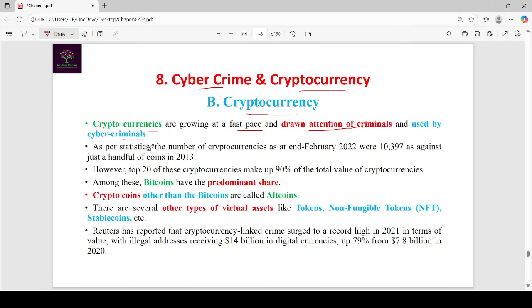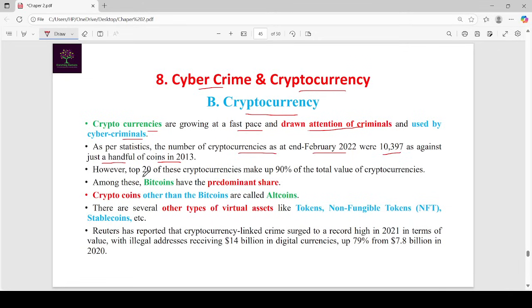As per statistics, the number of cryptocurrencies as at end February 2022 was 10,397, as against just a handful of coins in 2013. In nine years, they have reached 10,397.